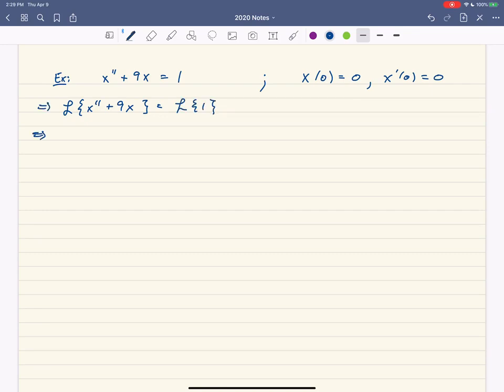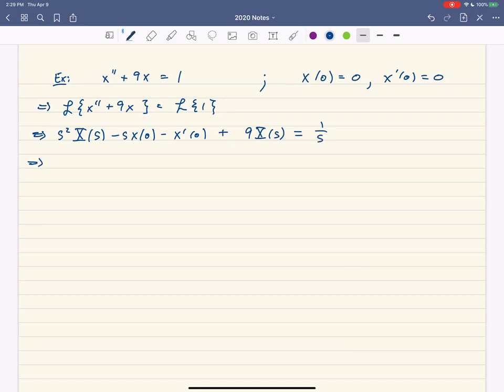The Laplace transform of x double prime is s squared, capital X of s, minus s times x of 0 minus x prime of 0, plus 9 capital X of s. And that's going to be equal to the Laplace transform of 1, which is 1 over s.